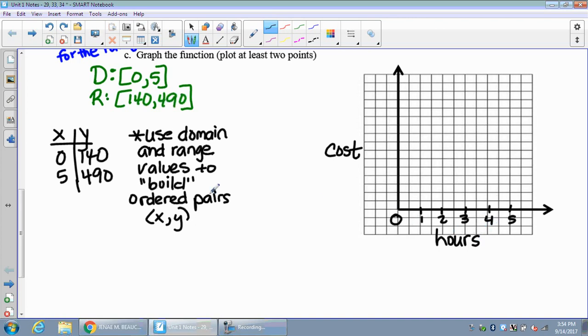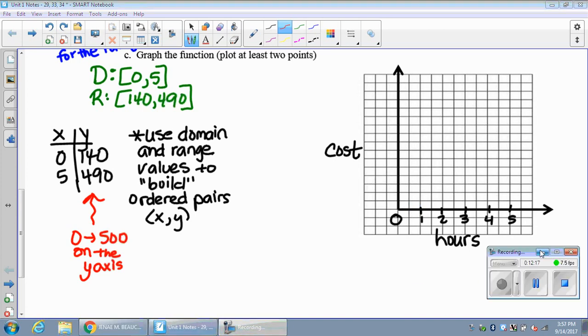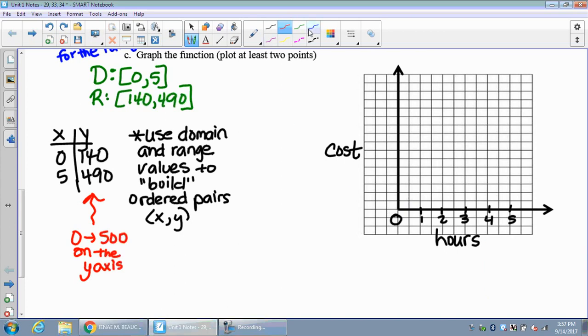Now let's look for the y values. 140 to 490. So that's approximately, we're going to be starting at 0. That's like 0 to 500 on the y-axis. So if I'm at 0 and I'm trying to get to 500, to count, once again, my first thought, at least for me, was, ooh, 100, 200, 300, 400, 500.